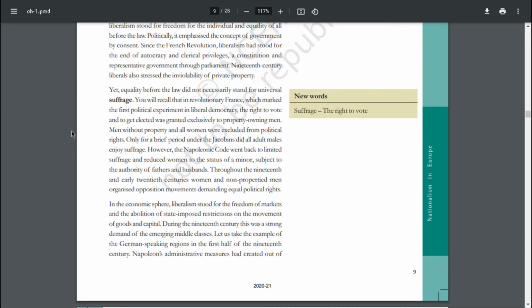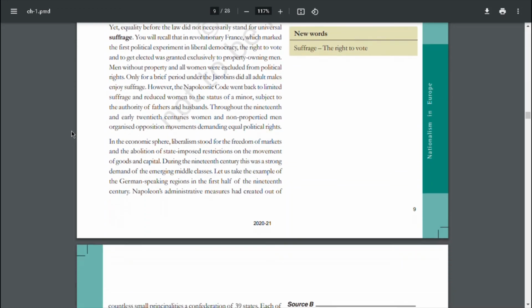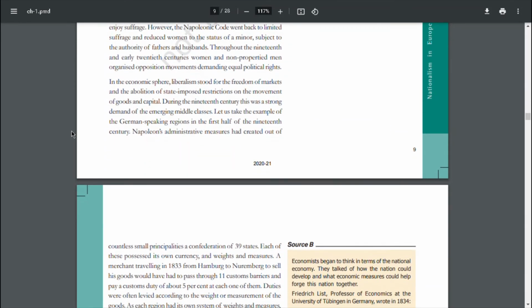However, the Napoleonic Code went back to limited suffrage and reduced women to the status of a minor, subject to the authority of fathers and husbands. Throughout the 19th and early 20th centuries, women and non-propertied men organized opposition movements demanding equal political rights.